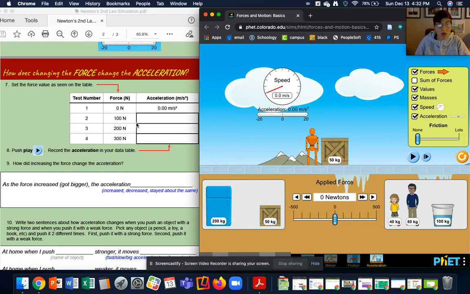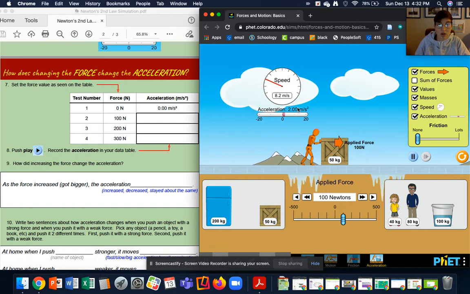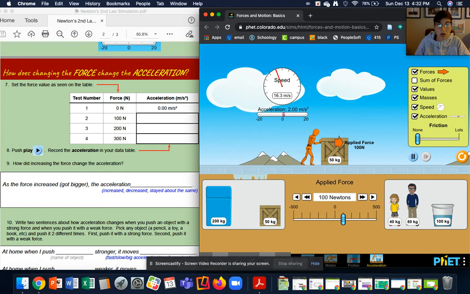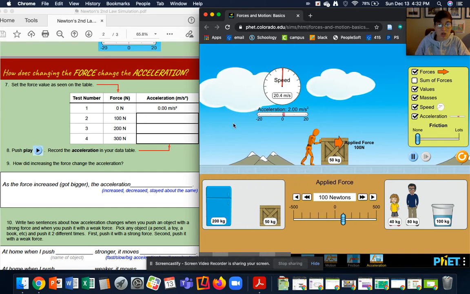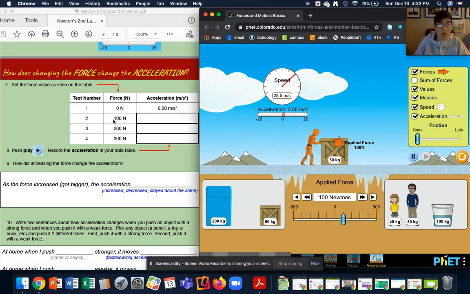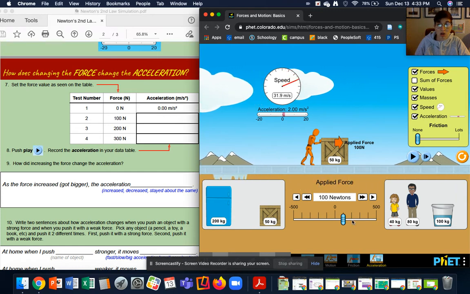So then we're going to increase to 100 newtons, okay? And then we're going to watch and see what happens to our acceleration. Okay, so now we see our acceleration isn't 0 anymore. Okay, our acceleration changed. So we're going to write down 2.00 meters per second squared in this box for 100 newtons. Okay, then we pause it, and you can change it for 3, and you can change it for 4.